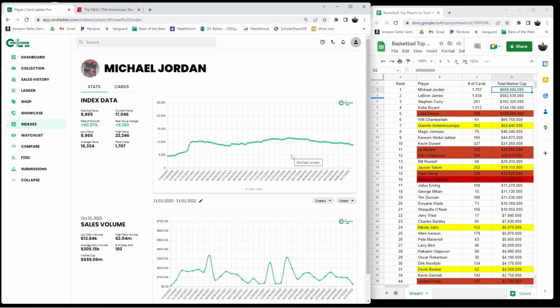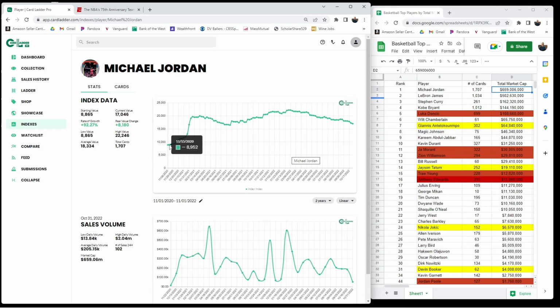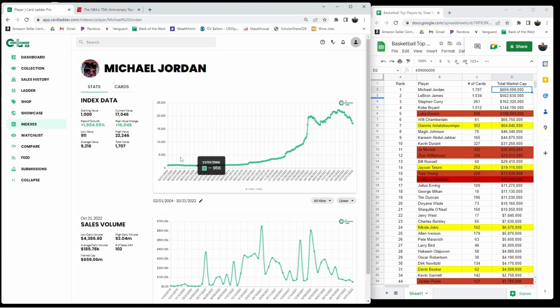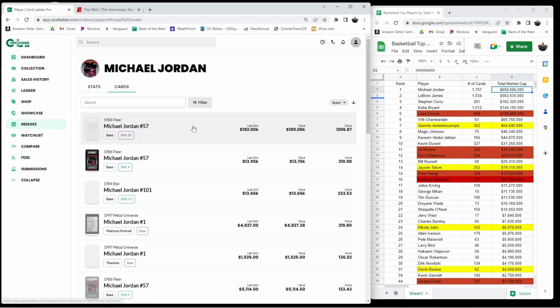And then you can click on these and see basically how the index has grown over 2 years or all time. This is a reflection of percent change on how the total market cap is doing for this player. And then you should be able to see all the cards that are tracked in this.